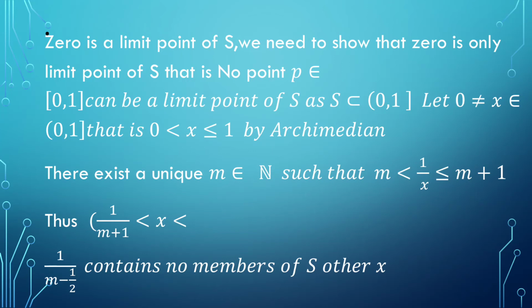So 0 is a limit point of S, as you can see using Archimedean, and we need to show that 0 is the only limit point of S, that is, no point P in this can be a limit point of S as S is contained in this.